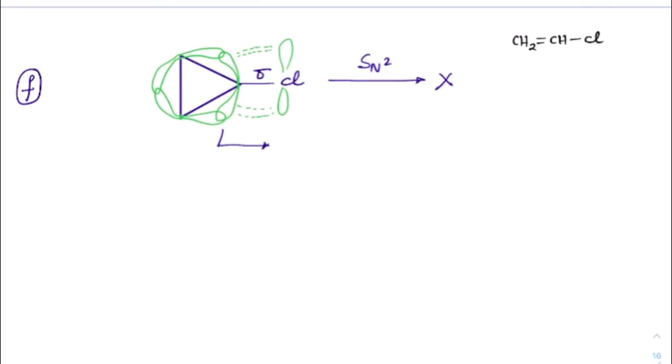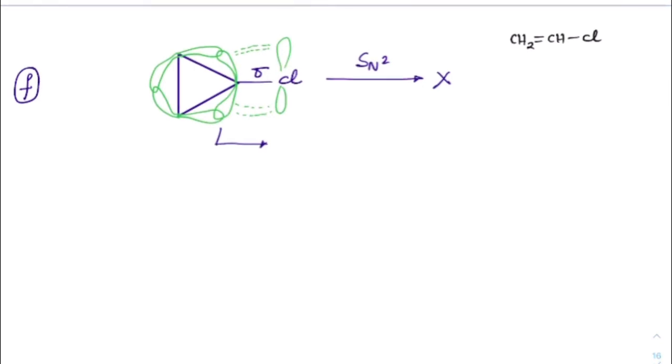Got it? This bond which is present is an exocyclic bond. If you remember, these are exocyclic bonds. These exocyclic bonds will show pi character and start interacting with the lone pair present on chlorine and increase the strength between carbon and chlorine. So that will regulate the nucleophile's approach.